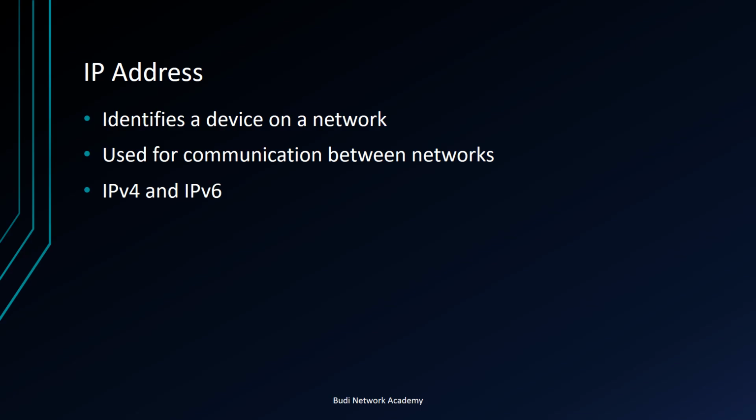This is different from a switch, which primarily uses MAC addresses to forward traffic within a LAN. A simple way to remember it is switch, MAC address, router, IP address. We will explore IP addresses in much more detail in a future episode.